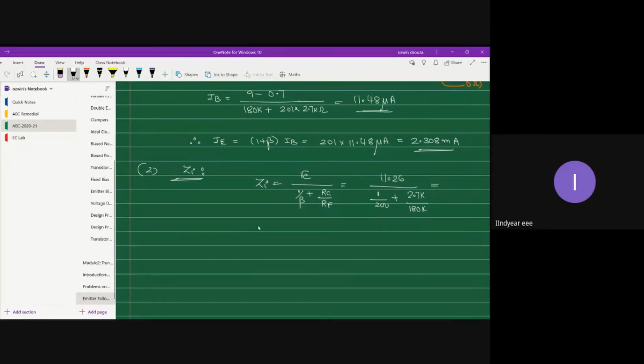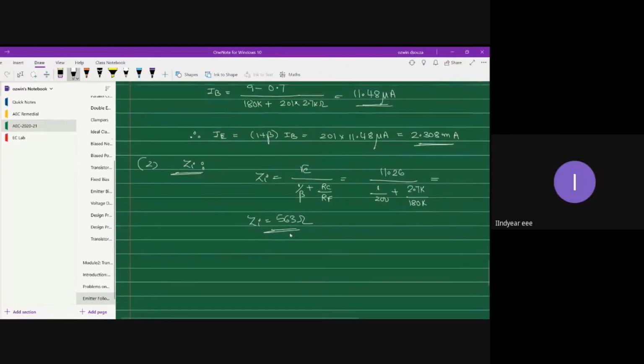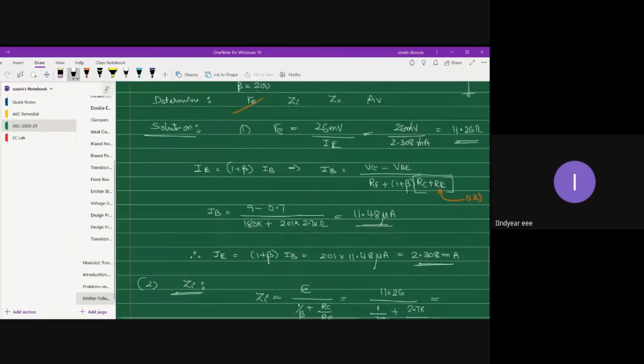So how much are you getting? ZI as 563 ohms. Perfect. So that's your ZI. Let us strike out ZI as well.